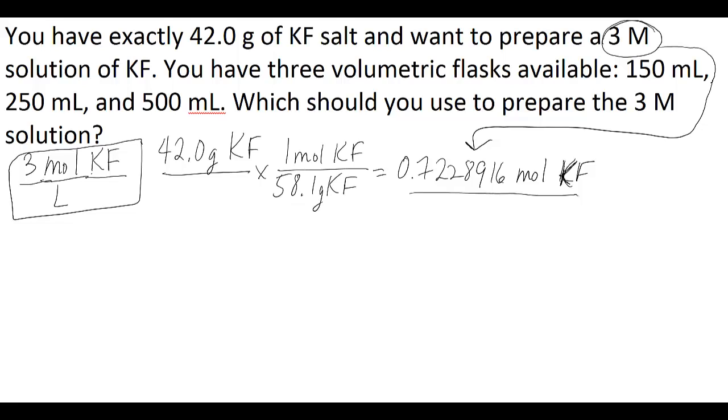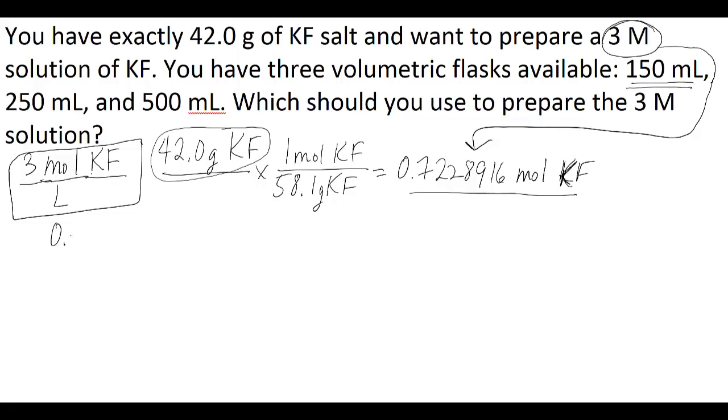So what you can do there is just do some tests. What molarity would you get if you put that 42 grams of potassium fluoride into the 150 milliliter volumetric flask? Well, let's just determine the molarity there, like we did in the previous problem.